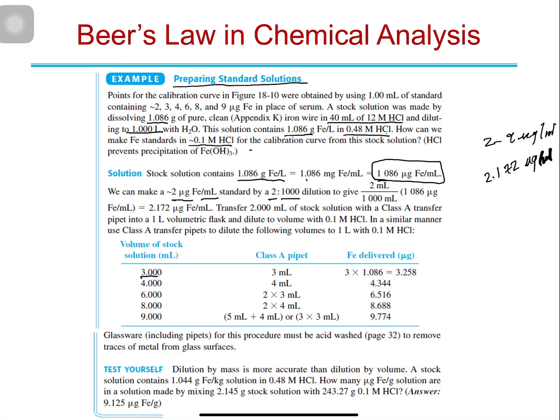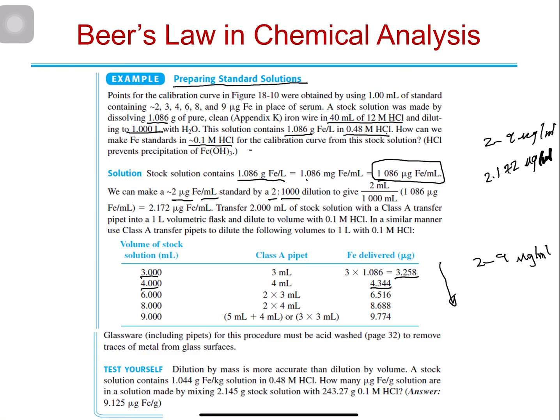So if we took 3 ml from the stock solution and then dilute this into 1000 ml with 0.1 molar HCl, then the concentration will be 3.258, and you carry on. So if you take 4 ml, the concentration is 4.344, and so on. And this is how you get to the different concentration in the range between 2 and 9 microgram per ml of the standard iron.